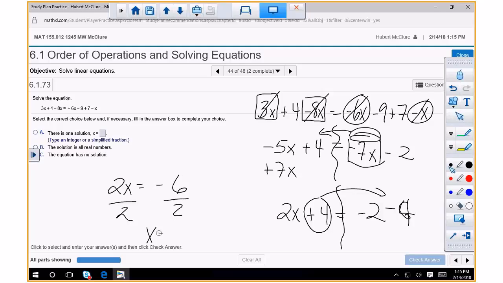X is equal to negative 3. When you're really going to see the advantage of doing this, the little bucket, is in the inequalities. You won't have to worry about doing those other 2 steps. Unless you just like extra work.